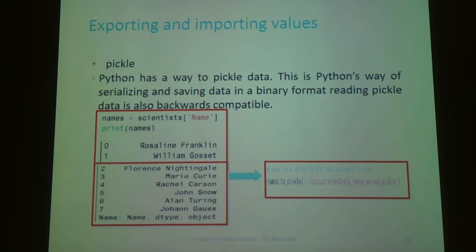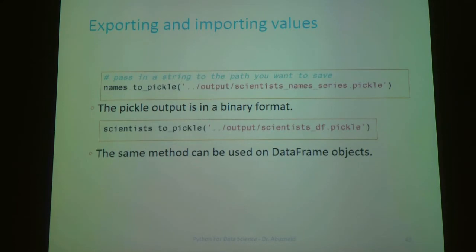Any of these will work. It will be a binary file, so you'll not be able to read it directly. The only way to read it is through Pandas. You have to load it into Pandas again, because it's a binary file. So in here, for example, names to_pickle, and you save it in a pickle file.